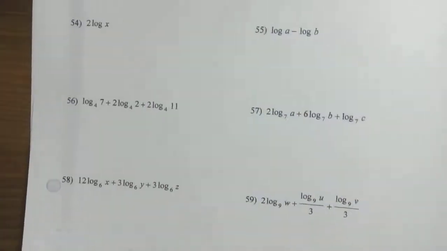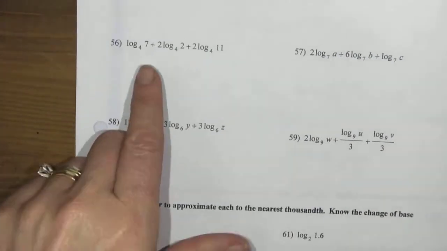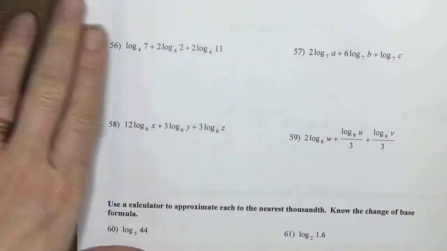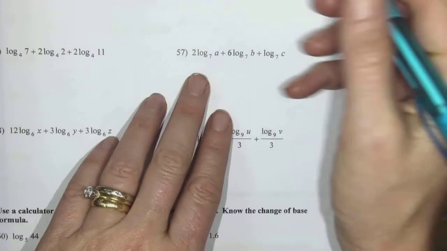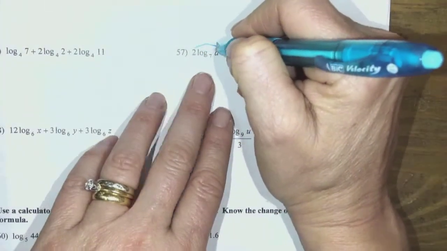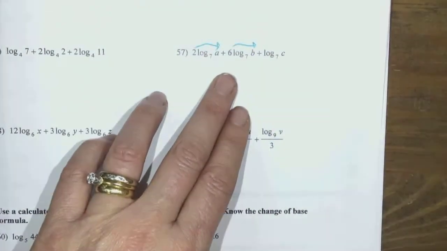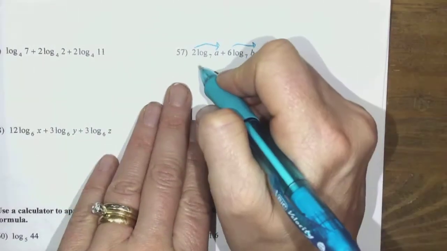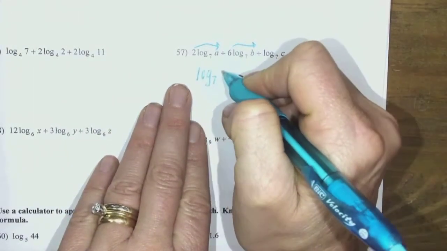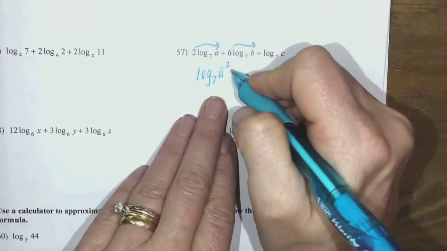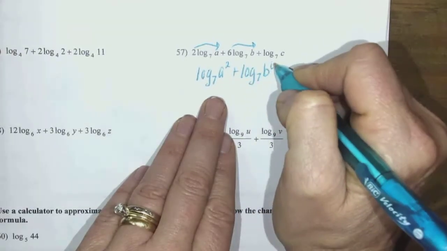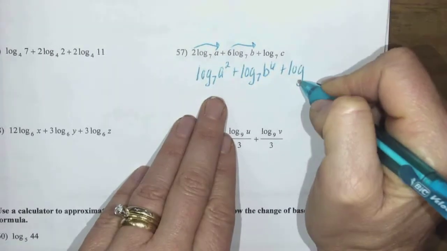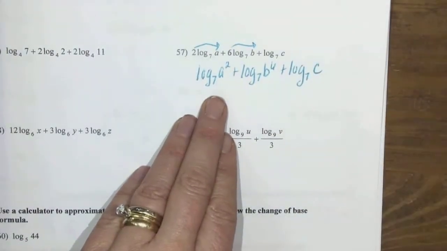Next section, or same section, but working with ones that have pluses that I can write as a single log. If I look here at 57, if I want to write it as a single log, I want to make sure that I have all the arguments correct. So this is log base 7 of a squared, and this one is log base 7 of b to the 6, and log base 7 of c.